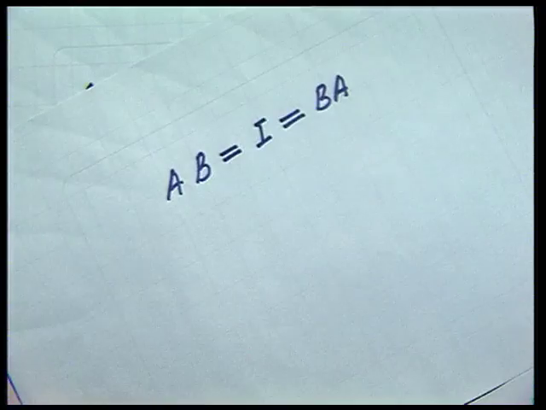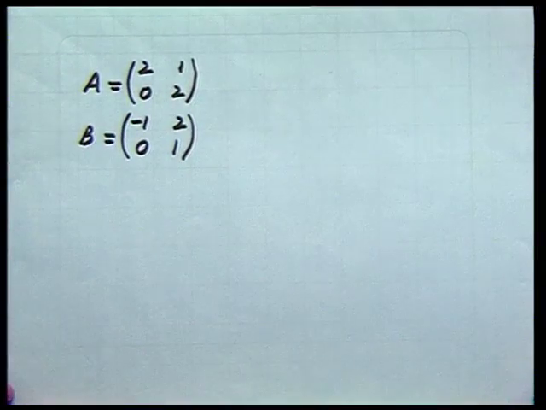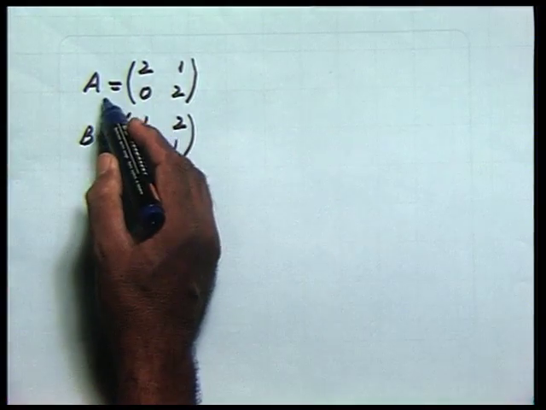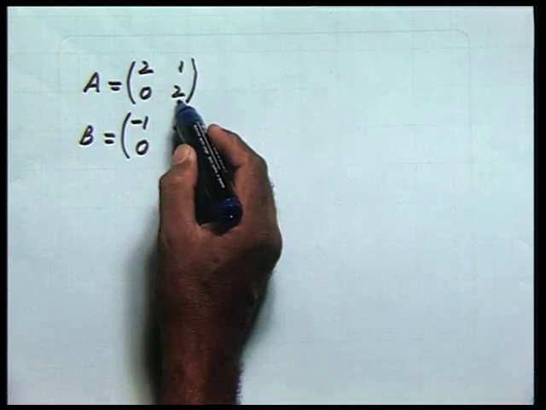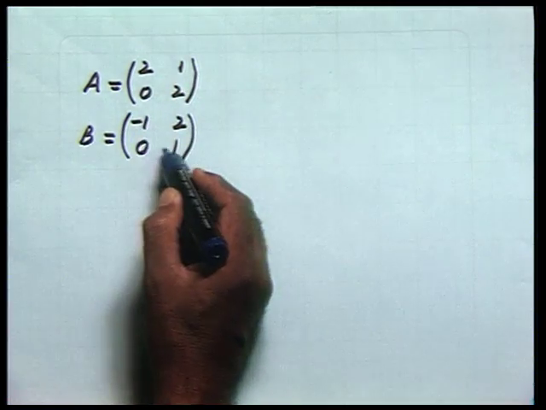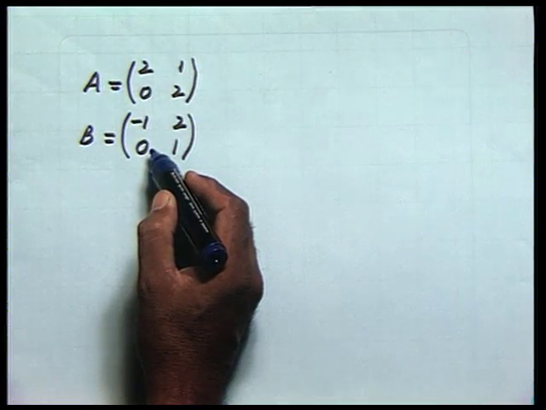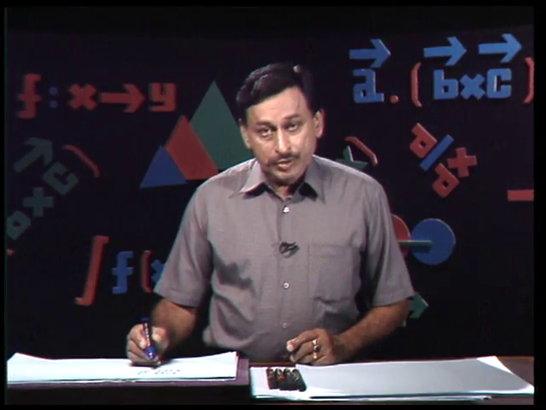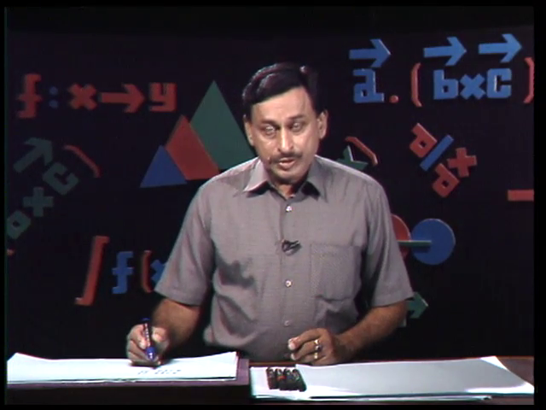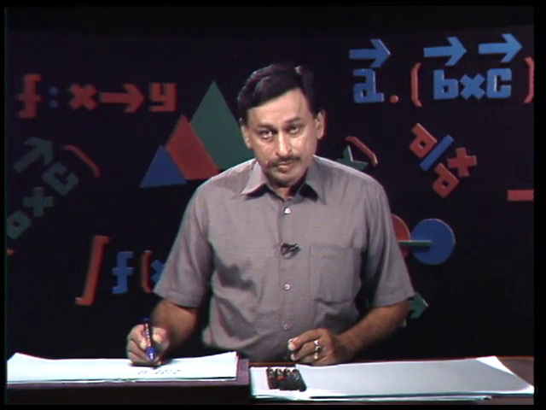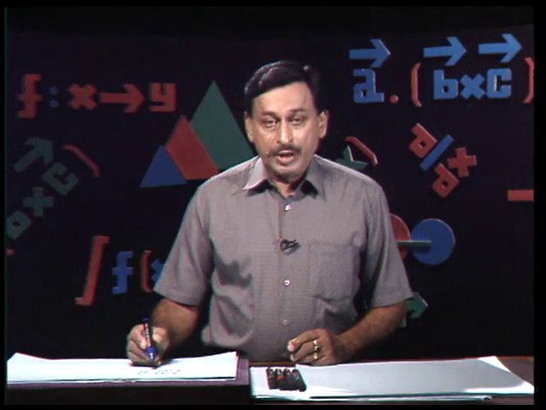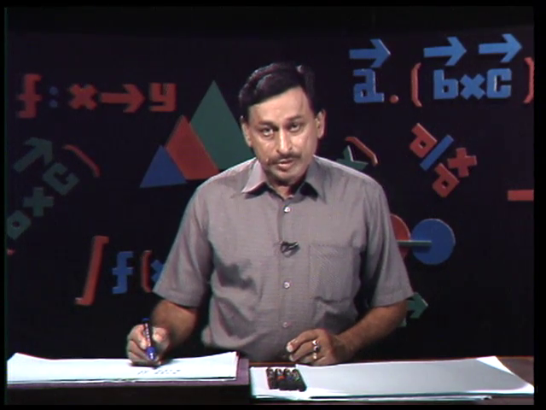Let us practically try this. We consider two matrices, A: 2 1, 0 2, and B: minus 1 2, 0 1. These are the two matrices. Now, remember, we had given you that the inverse of a matrix is the adjoint of the matrix divided by the value of the determinant.